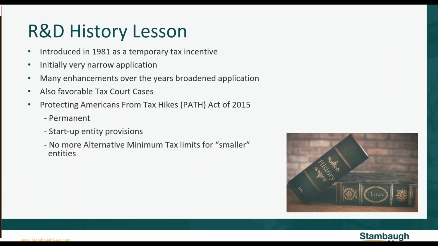It had to be something, for the most part, new or revolutionary to the market. Well, that temporary provision, I think, could be looked at as both a burden and an advantage over the years.